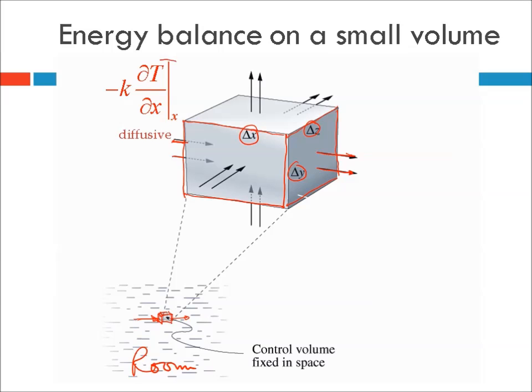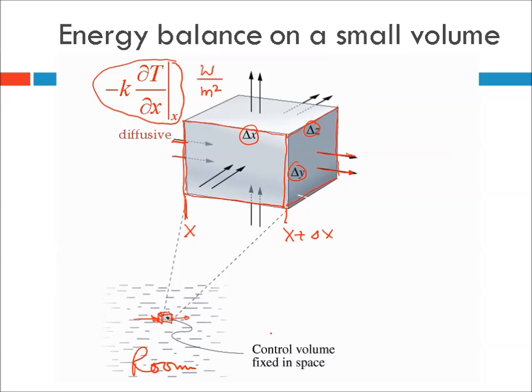So you remember from Fourier's law, conductive heat flux is given by minus k del T del x. So if this is my location x and this is my location x plus delta x, then the conductive heat flux at the location x is given by this quantity whose units are watts per meter square.